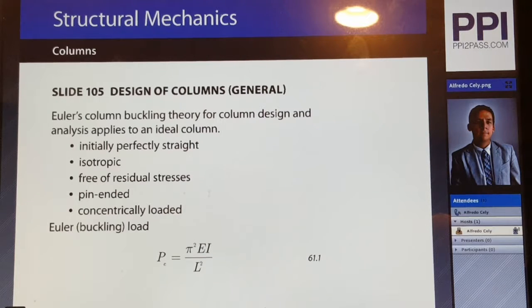When loaded to the buckling load or the Euler load, a column will fail by sudden buckling or bending. The Euler load theory applies to all materials. However, it is applied in a slightly different way for each material, as per the specifications given by the respective institute, such as ACI for concrete or AISC for steel.